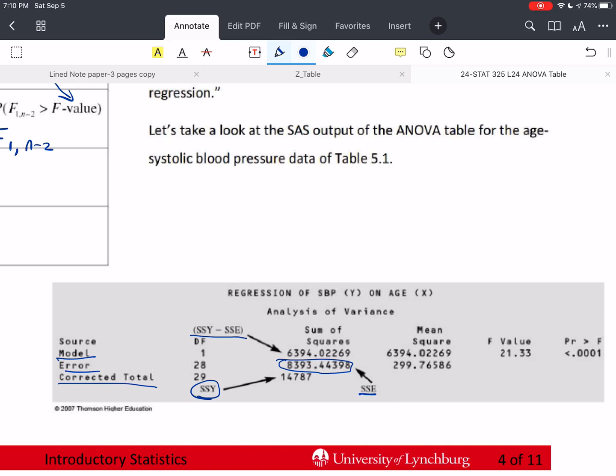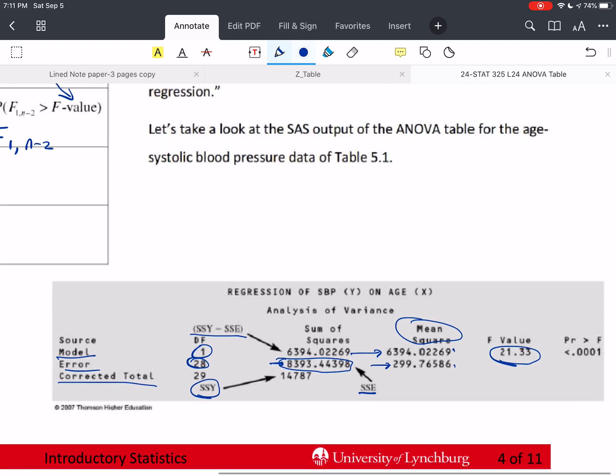and then SSR is SSY minus SSE, of course. And then here's our mean square, and again, you can take the calculator and take this and divide it by 28, and you're going to get 299.765. And you see that this number came across because it's divided by 1. We take this number divided by this number, and we end up with the F value.